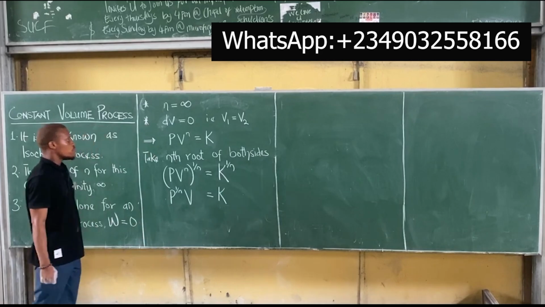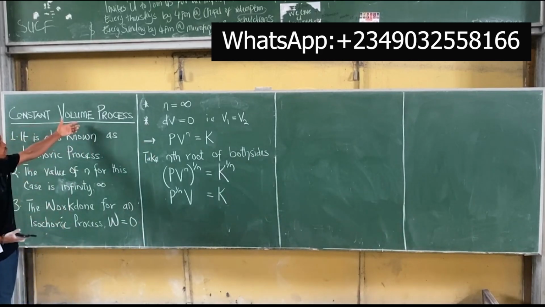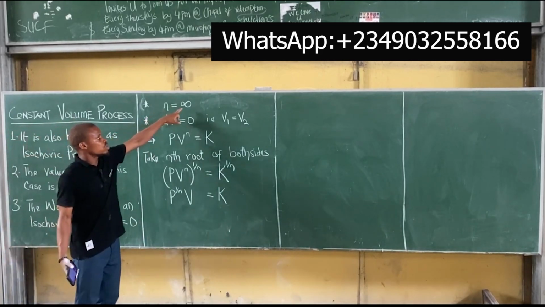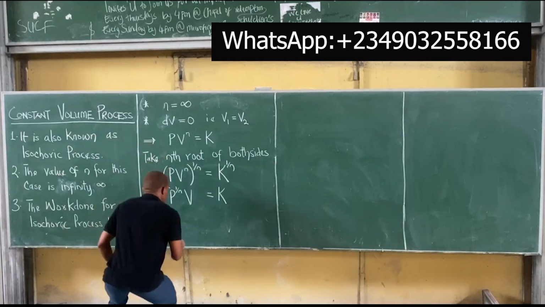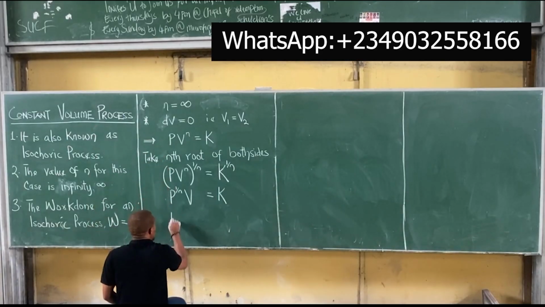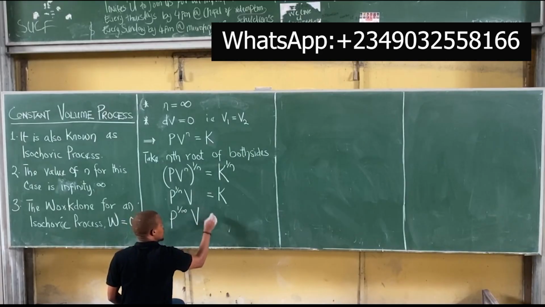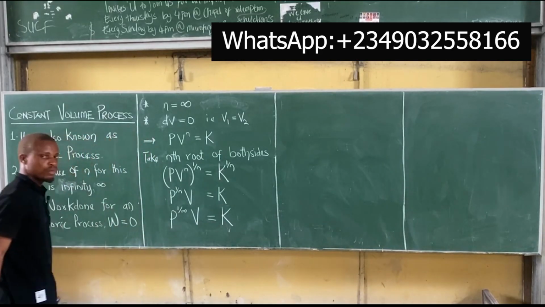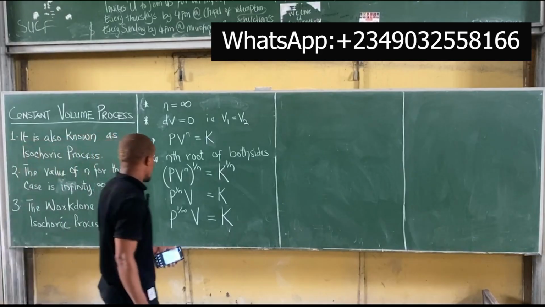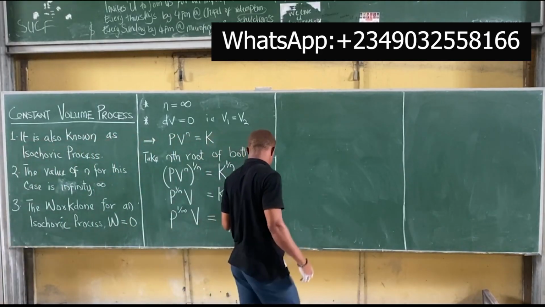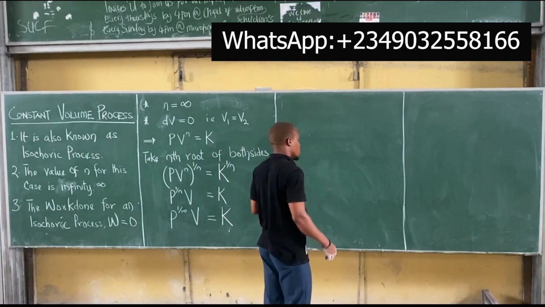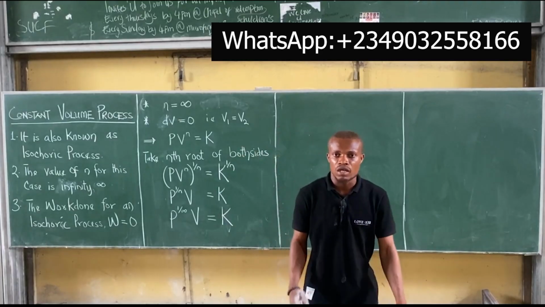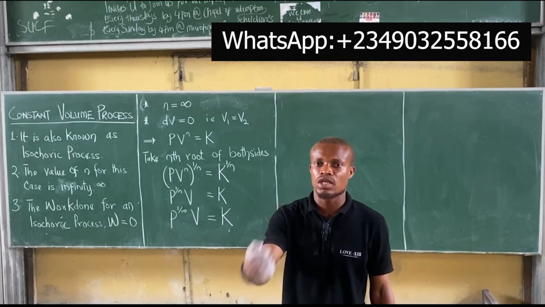Now let's take this. We know that for a constant volume process, our n is equal to infinity. So therefore we have P raised to 1 over infinity, V equal to K. Right? Therefore, anything divided by infinity is the same thing as 0.